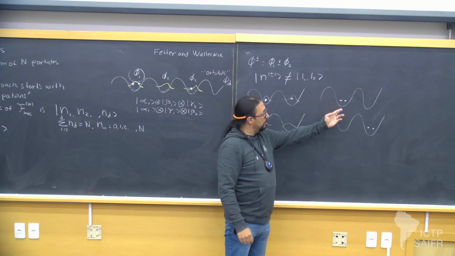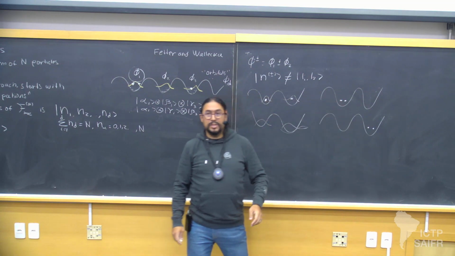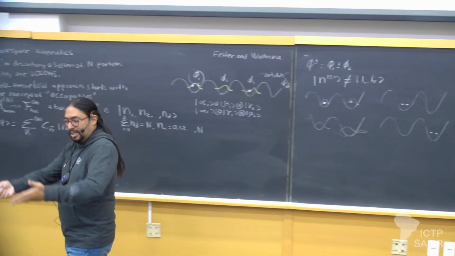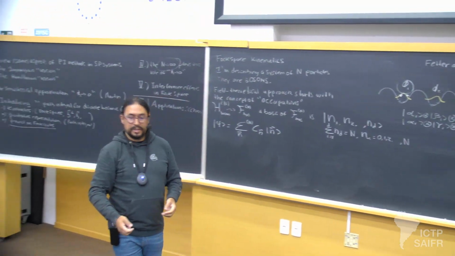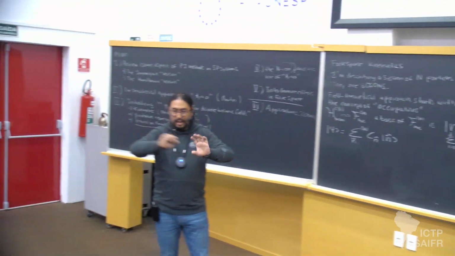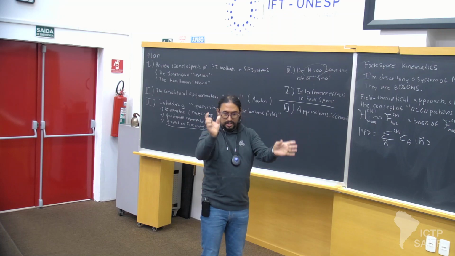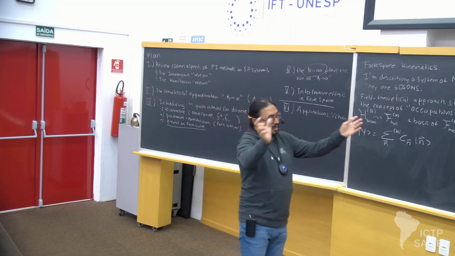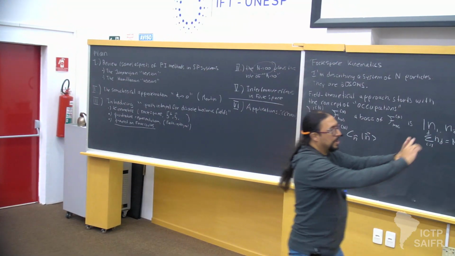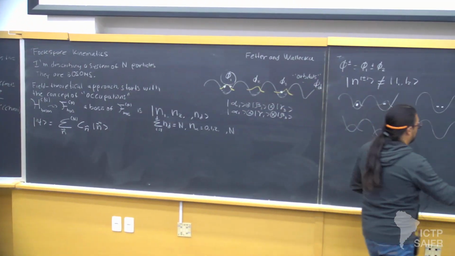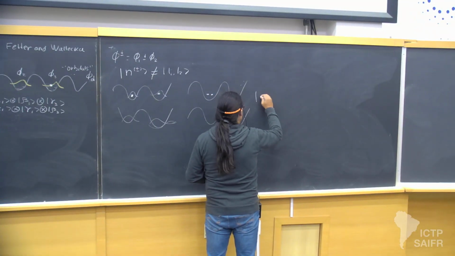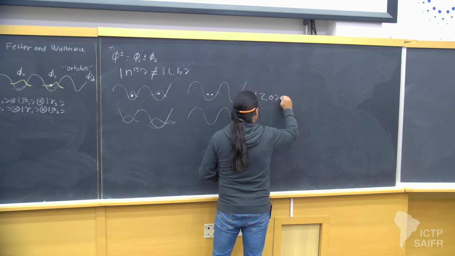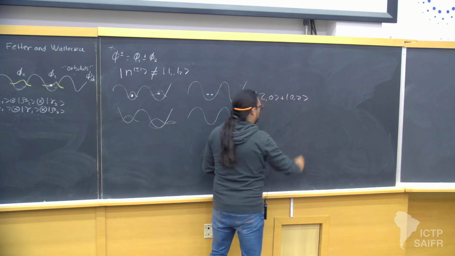The quantum superposition of these two things is a physical state. This is quantum mechanics in action. Those particles are not there or there. These two particles are in the same orbital, but in different orbitals, the two together. And this is a perfectly valid Fock state. This is 2, 0, plus 0, 2.